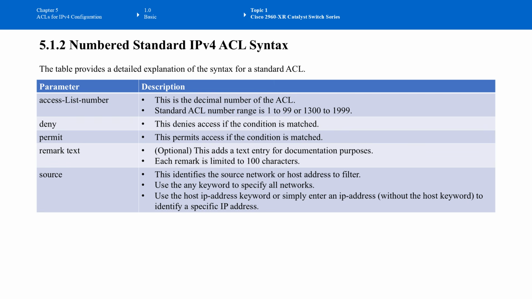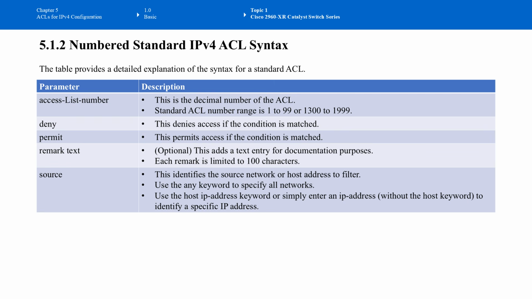For example, the command can be access-list followed by 10. For the permit or deny attribute, permit allows matching traffic and deny blocks matching traffic. Every ACL statement begins with one of these actions.